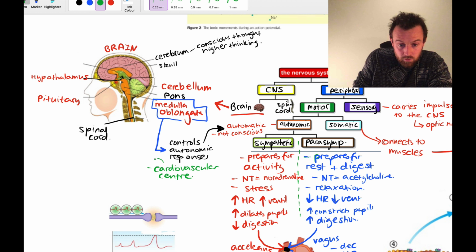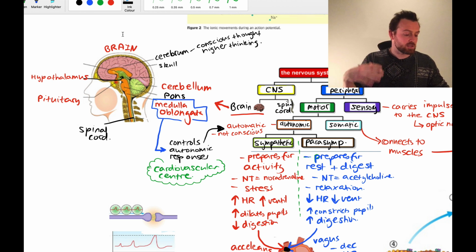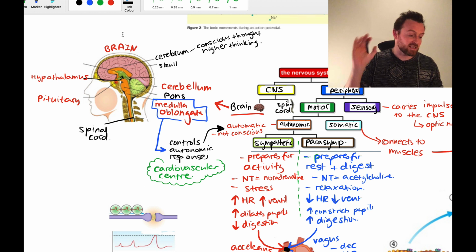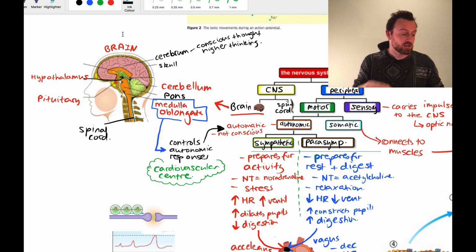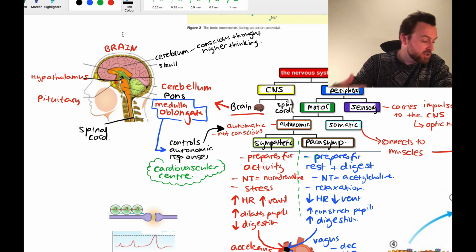I'm going to do a little bubble around it. I sometimes like doing little bubbles like this. Now, the cardiovascular center receives information from loads of different places, and it decides what to do. Should it send a message down the accelerans nerve to speed up the heart, or should it send a message down the vagus nerve to slow down the heart?